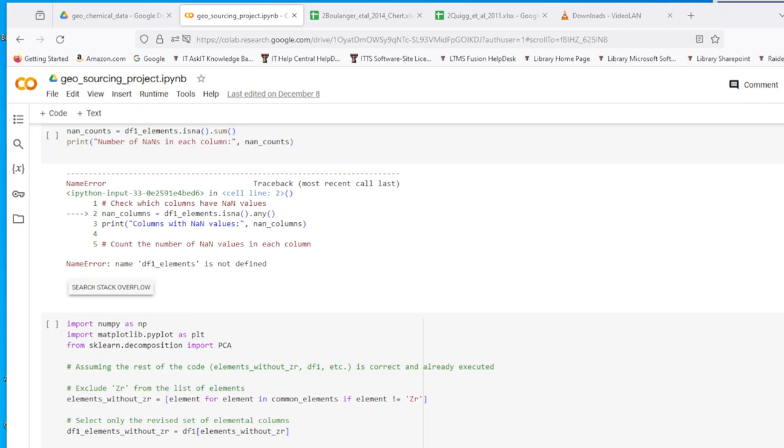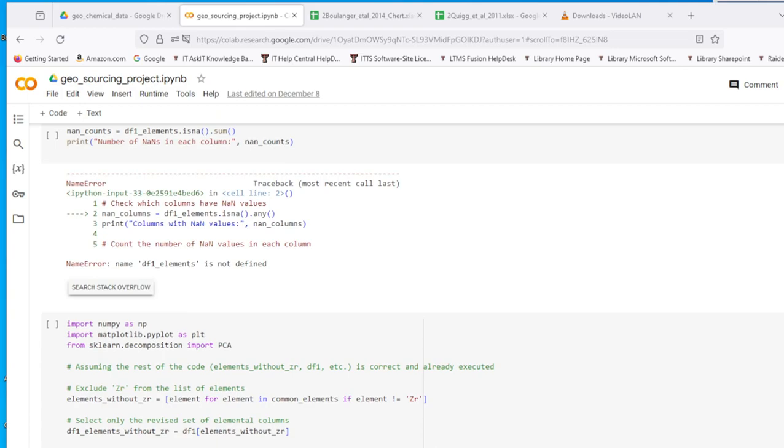Objectives with the data and the methods applied. The PCA objective is to reduce the dimensionality of the data set and identify the principal components that capture the most variance in the data. The initial step involved in preparing DF1 and DF3 for PCA included cleaning the data, handling missing values, and ensuring compatibility between the two data sets.